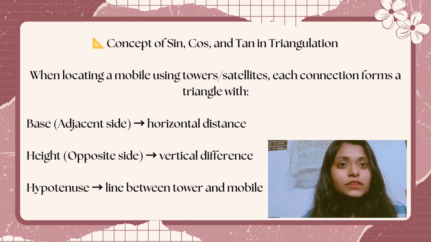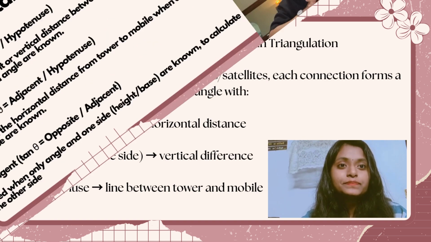The height is the vertical difference, maybe due to the elevation of terrain, and the hypotenuse is the direct line from the tower to the mobile. Using the triangle, we can apply sine, cosine, and tangent to calculate unknown distances or angles to find the exact location of the device.